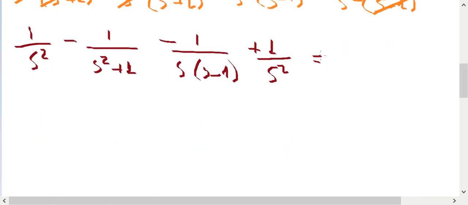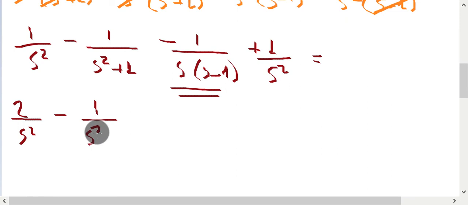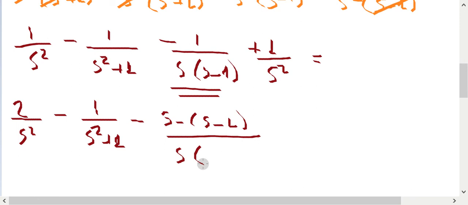We're going to do the same thing with this denominator, the same idea. It is equal to 2 over s squared minus 1 over s squared plus 1 minus a useful numerator for this term, s minus 1 over s times s minus 1.